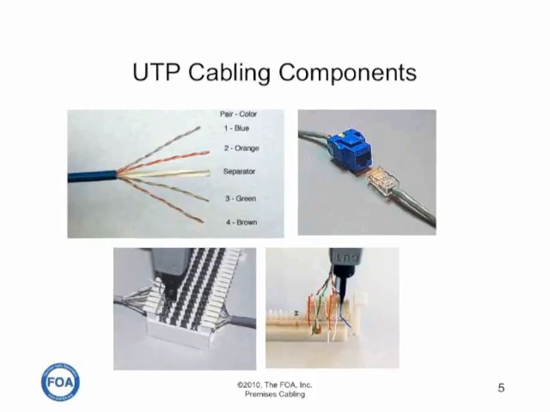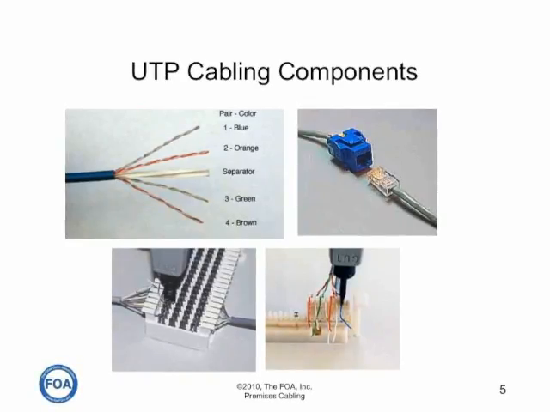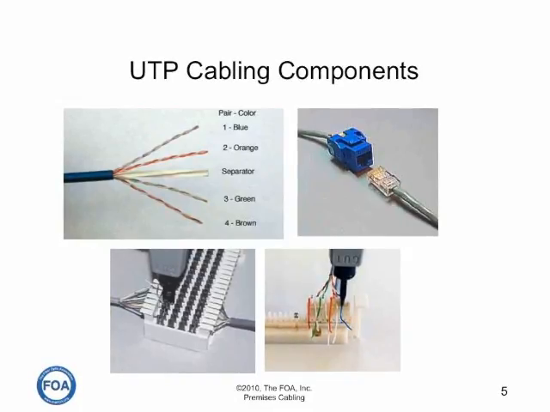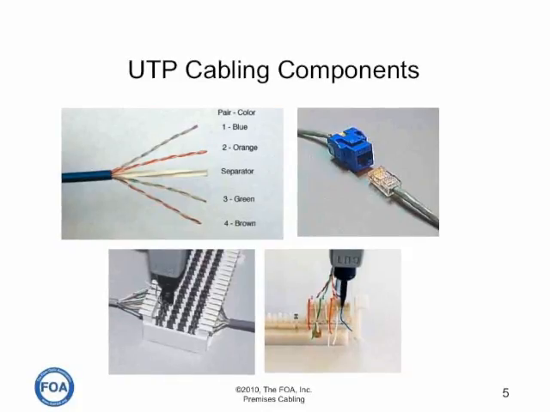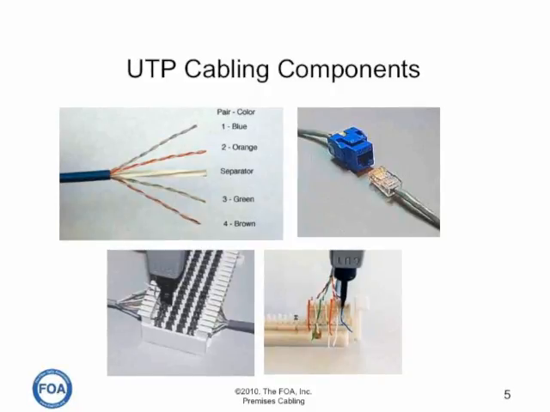Structured cabling standards cover both the cable and the interconnection components. The cable on the left, you can see, has 4 pairs, all with the pairs twisted at different rates, and a separator in the center, all designed to minimize the crosstalk between the pairs.